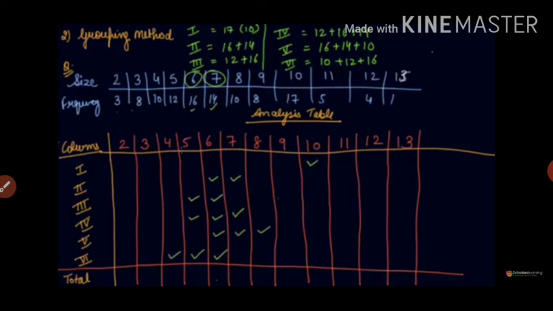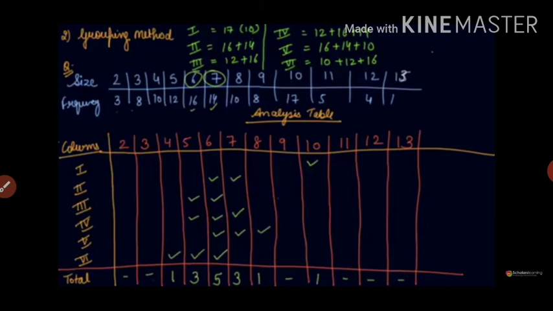Now we will add all the ticks in the columns we had. There is no tick, no tick, there is one tick, 5 got 3 ticks, 6 got 1, 2, 3, 4, 5 ticks, 7 got 3 ticks, 8 got 1 tick, then 10 got 1 tick.